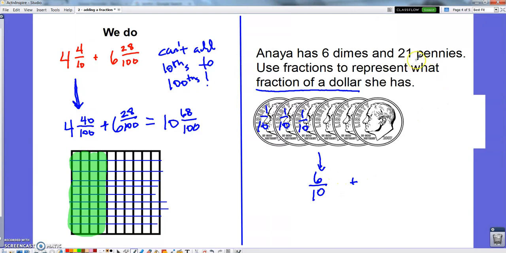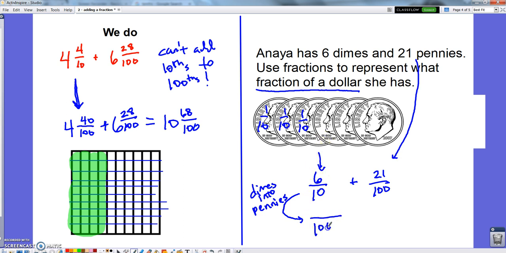And then the 21 pennies are 21/100ths of a dollar. And so what I have to do in order to do this is change the dimes into pennies, tenths into hundredths.